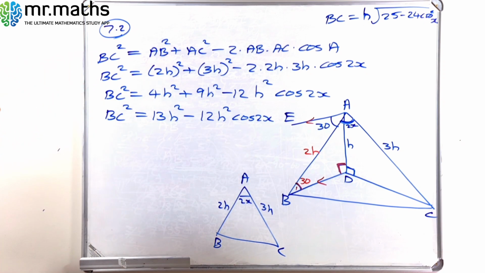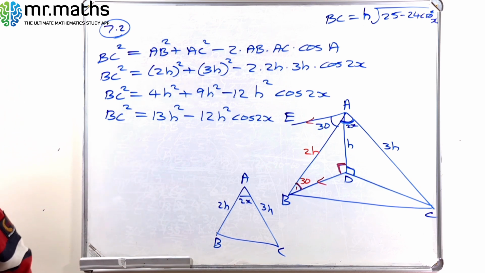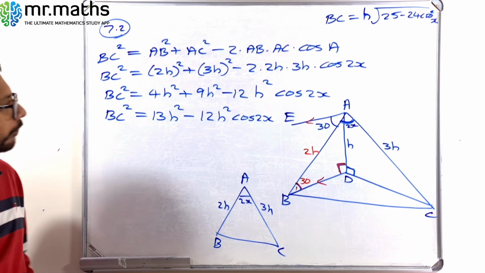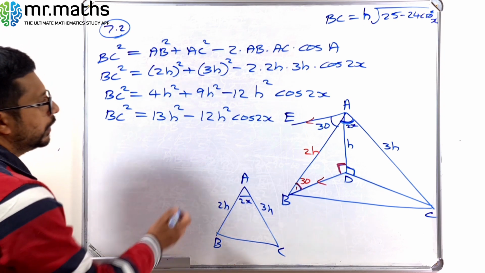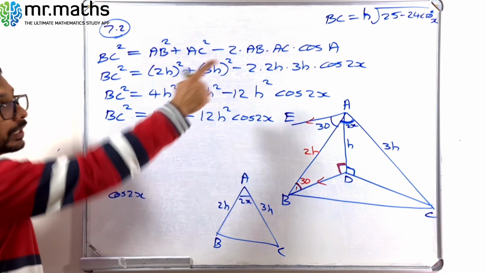From here we want h into something like that. This cos 2x is a double angle, and we want the answer in cos x.